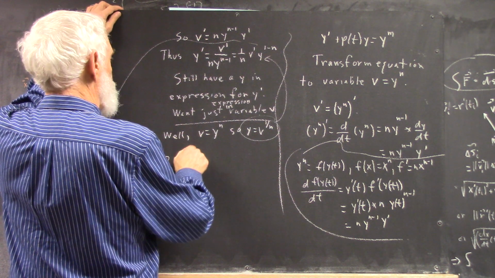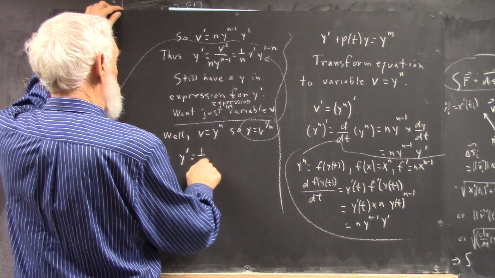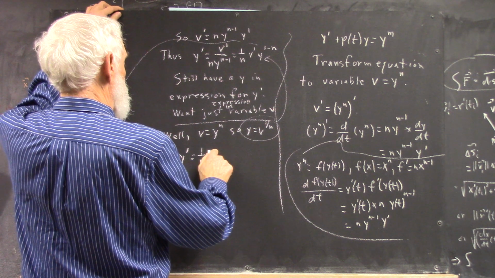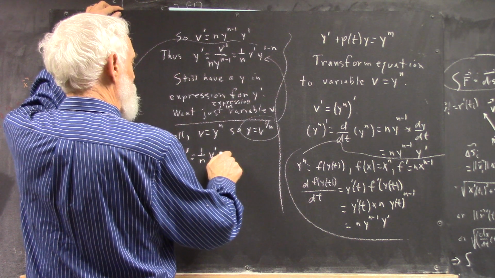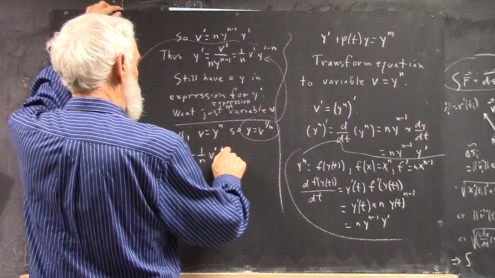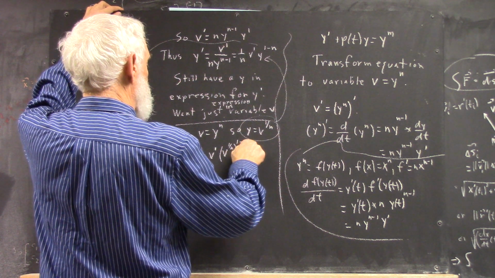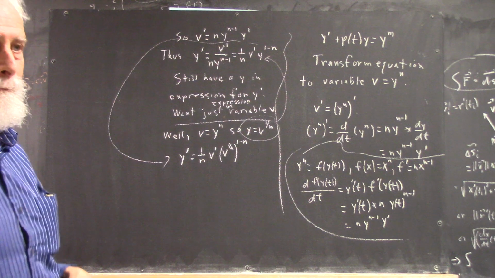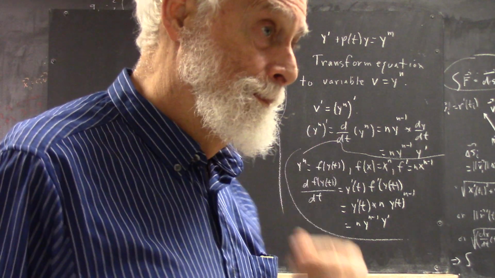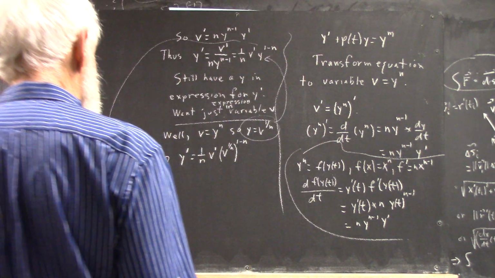Y prime equals 1 over n times v prime times v to the 1 over n raised to the 1 minus n. Okay? And what's that?